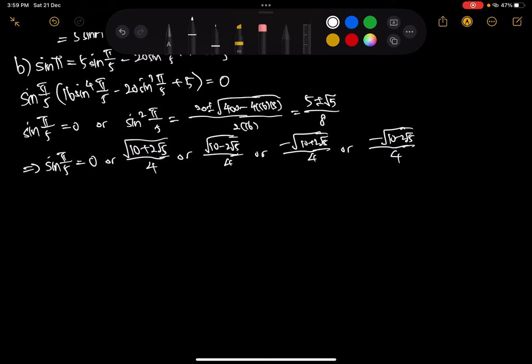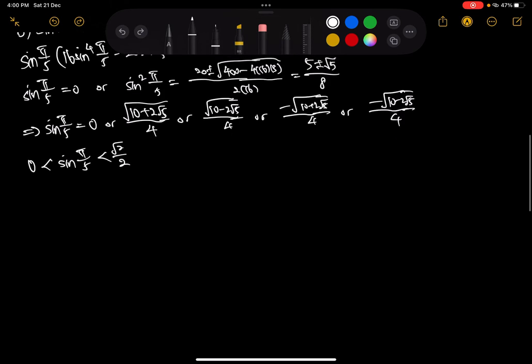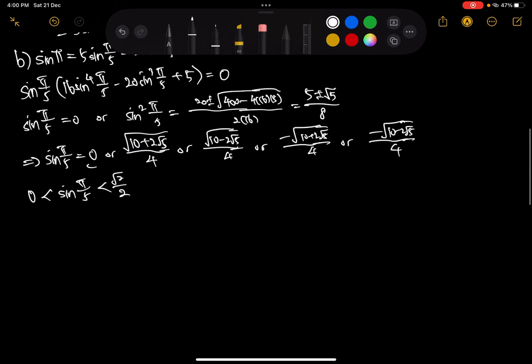And obviously sine x is an increasing function in the interval 0 to pi over 2. So we have 0 is less than, strictly increasing in fact, sine pi over 5, which is less than sine pi over 4, which is root 2 over 2. We'll use that for clarification purposes. And then we should have these 3 rejected straight out of the window.